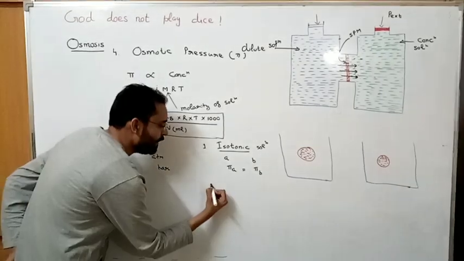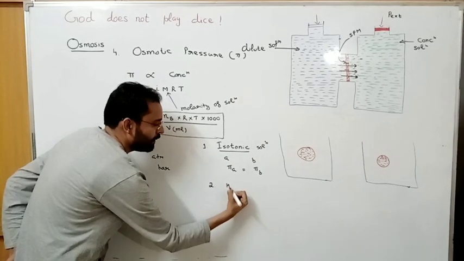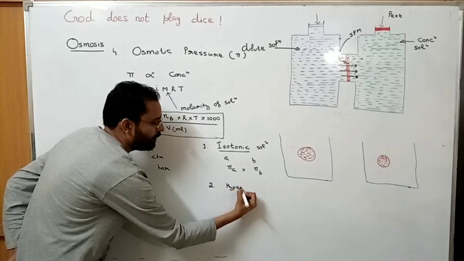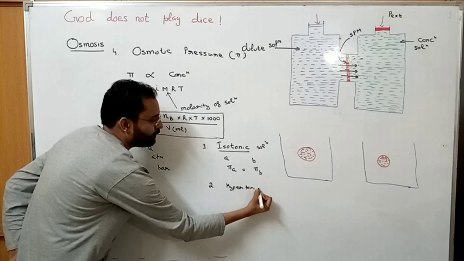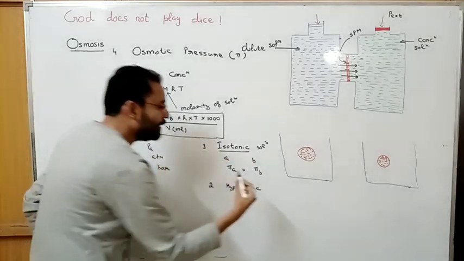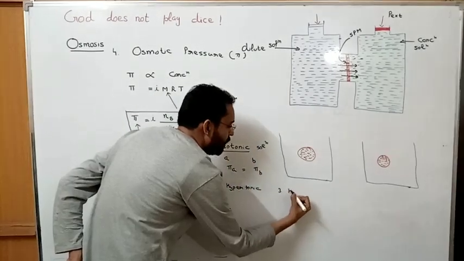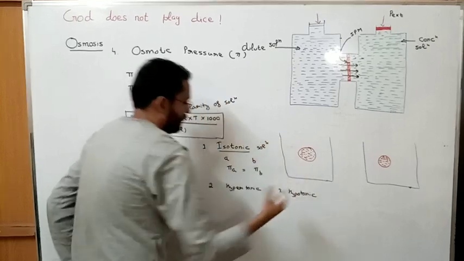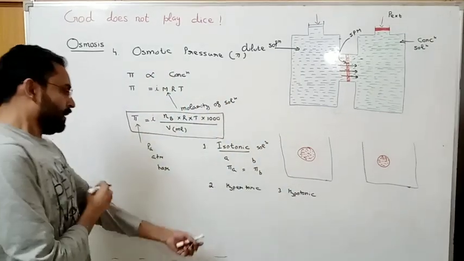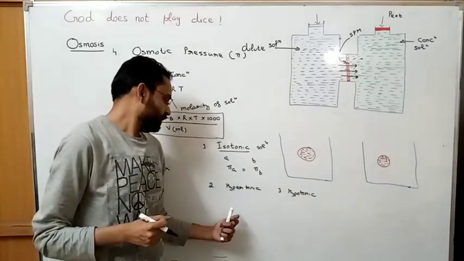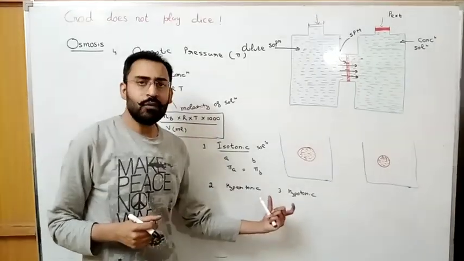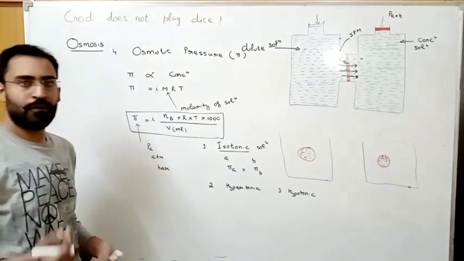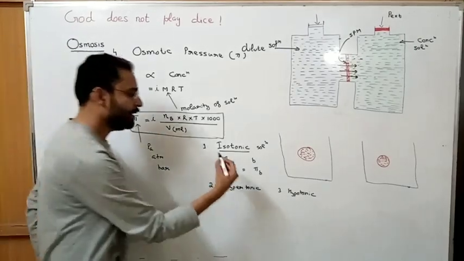Second category is hypertonic. Third is hypotonic solutions. These two terms are relative to one another, so they have to be explained simultaneously.